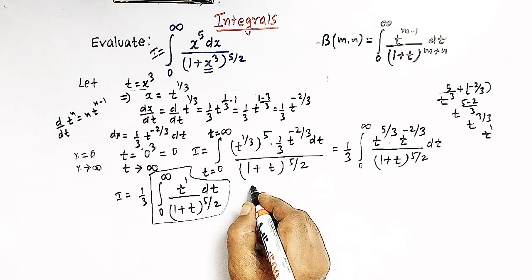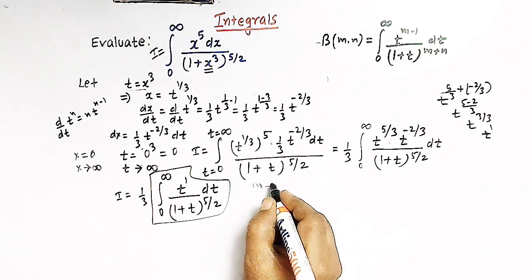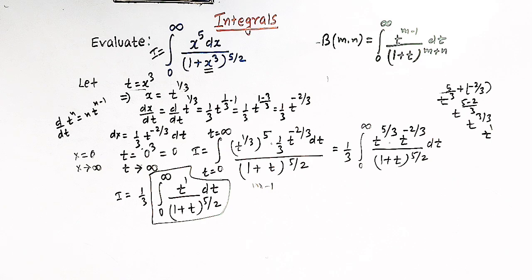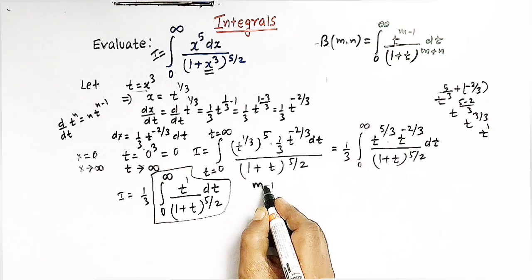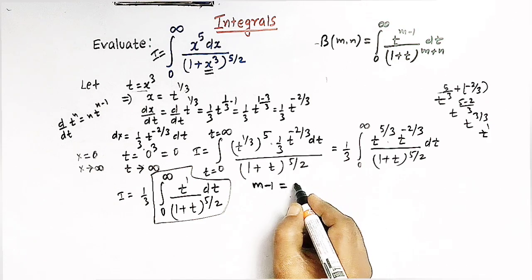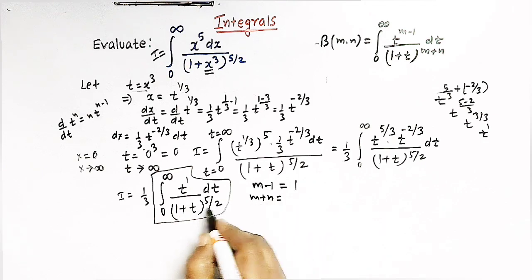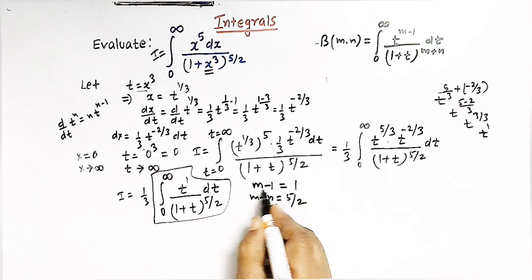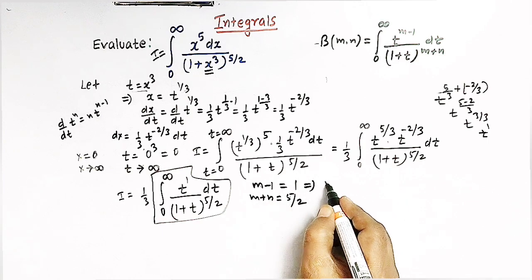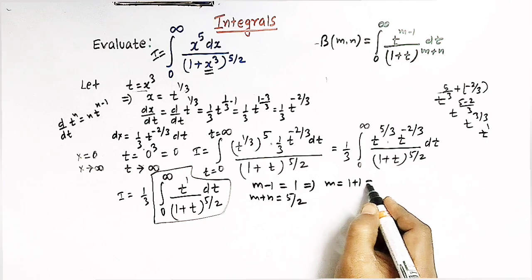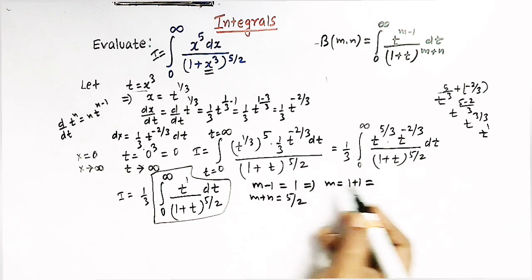So we have m minus 1 equal to 1, and then m plus n is equal to 5 over 2. So let us solve this equation. So we have m is equal to 1 plus 1, taking minus 1 to the right hand side.